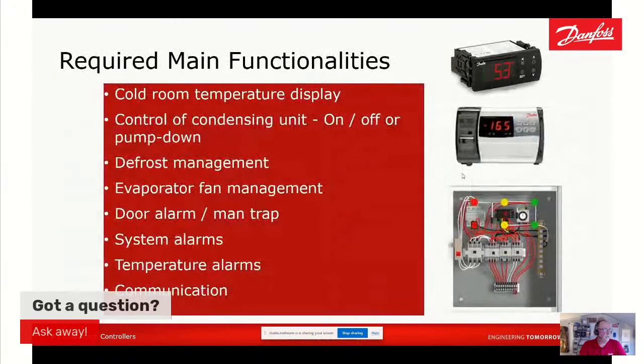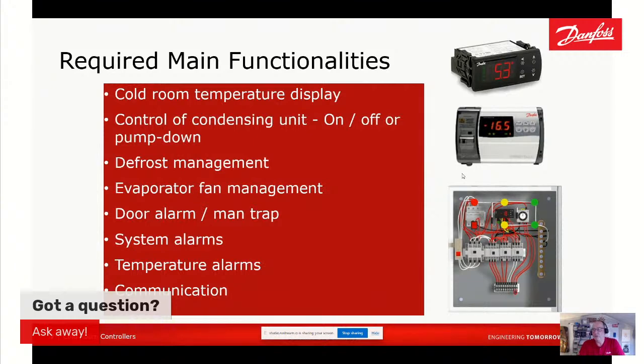So, if we think about our cold room control panel, what is the main functionality that we want out of it, both as a refrigeration engineer, but also as an end user? I've listed some things on the slide there. We've got cold room temperature display.